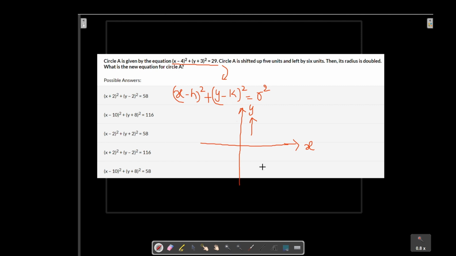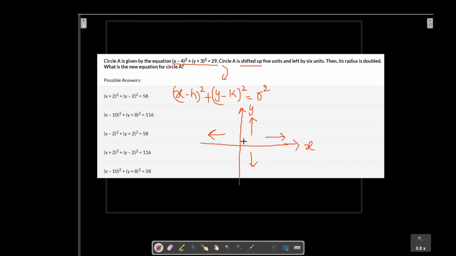Shifting down means moving in the down direction on the y-axis. Shifting right is moving forward on the x-axis. Shifting left, moving backward in the x-axis. Shifting up and down are associated with y-axis. We need to concentrate on the y coordinates only. Shifting left and right are always associated with x-axis. We need to concentrate on only x-axis.